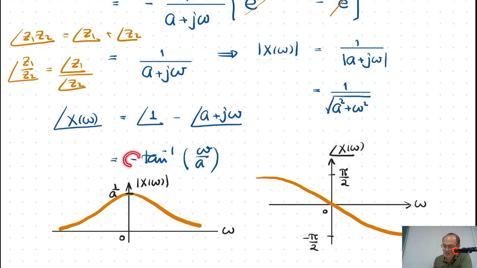But you have the negative sign here, so it has to be minus pi over 2 when omega approaches infinity. But when omega approaches minus infinity, the arctangent would be minus pi over 2. So if you multiply by the minus sign here, you're going to get positive pi over 2. So you have this graph, right?